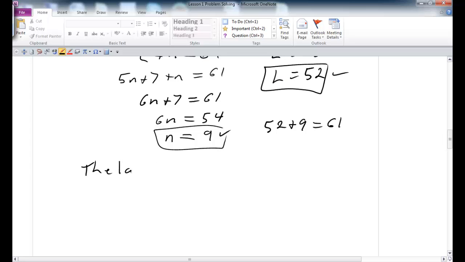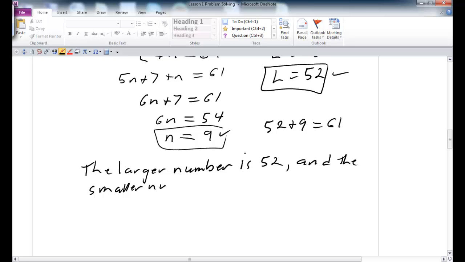The larger number is 52, and the smaller number is 9. And we've done that one.